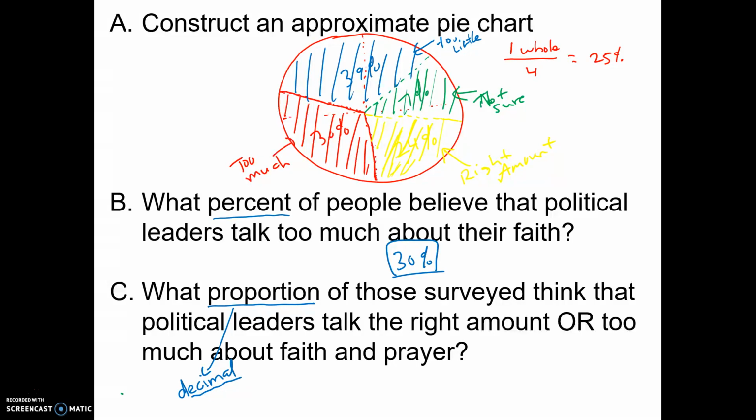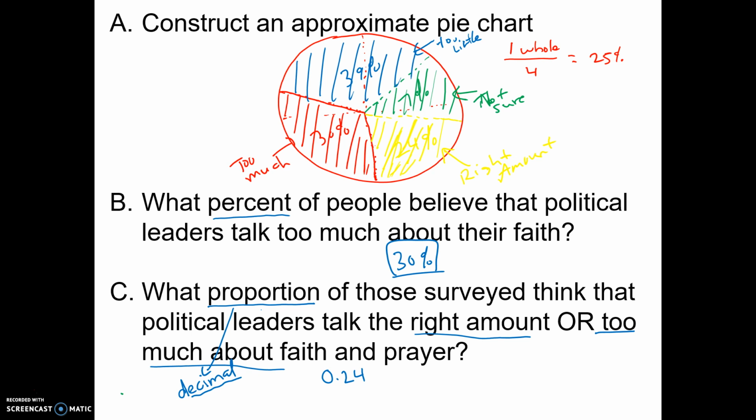What proportion of those surveyed think that political leaders talk the right amount or too much? Okay, so what percent, first of all, say they talk about the right amount? The right amount is here, which is 24%. But since we want a proportion, we convert that 24% to a decimal, which would be 0.24. What about too much?